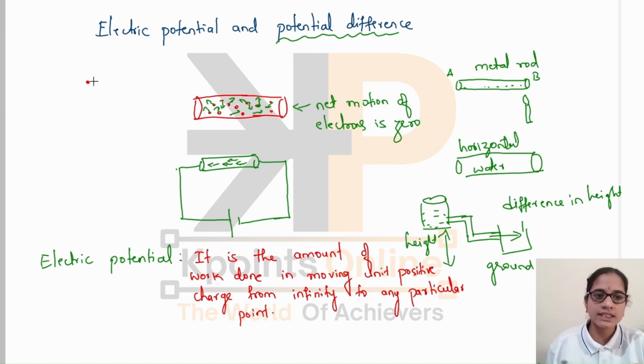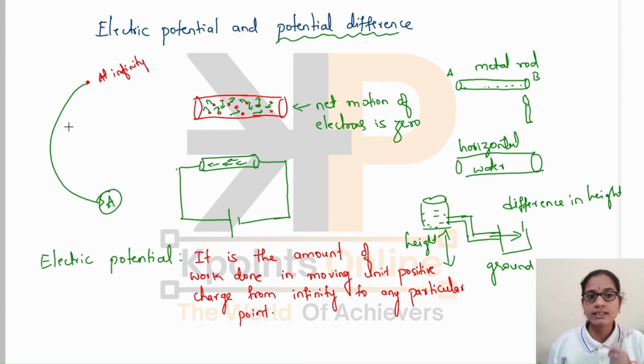Suppose the charge is at infinity, means it is at any unknown point, and we need to bring this charge to the point A. So the work done in moving this charge from infinity to this point is called electrical potential. Then what is the potential difference between 2 points?